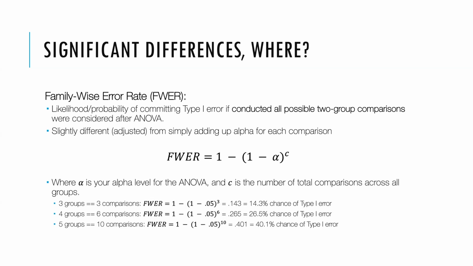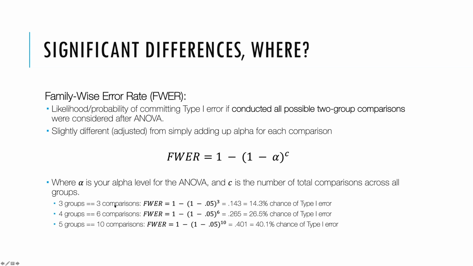Well, how do we control for that? Well, we tamp down the family-wise error rate. The omnibus F test or ANOVA test already has built into it a family-wise error rate. It adjusts alpha based on how many comparisons are going on. When we're doing post-hoc tests, we have to do it ourselves. So we figure out how many comparisons we want to do and figure out what the overall error rate is going to be.